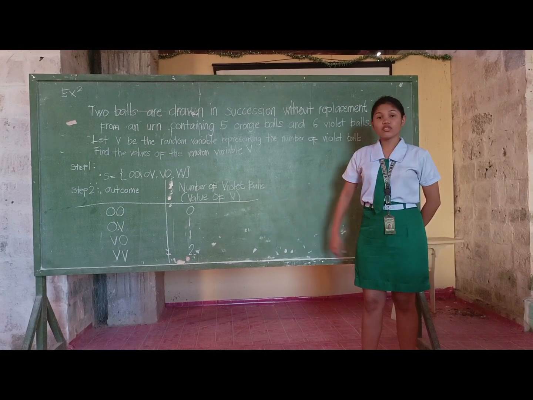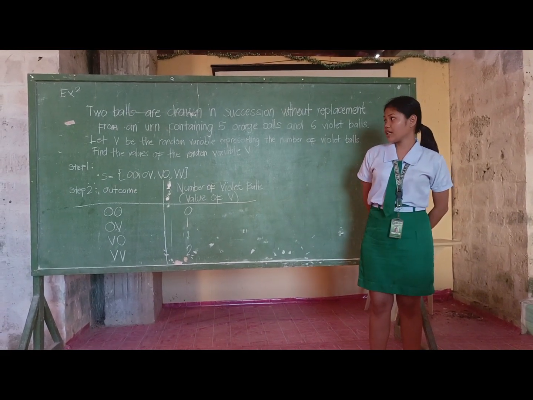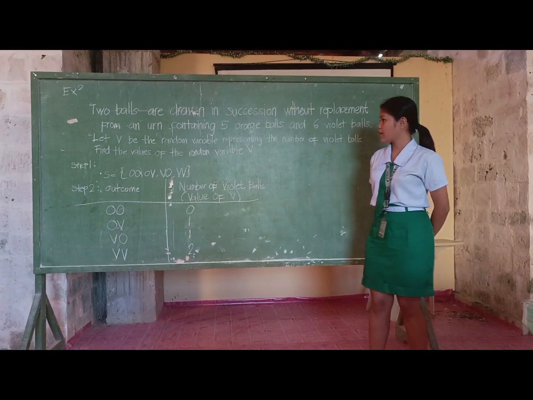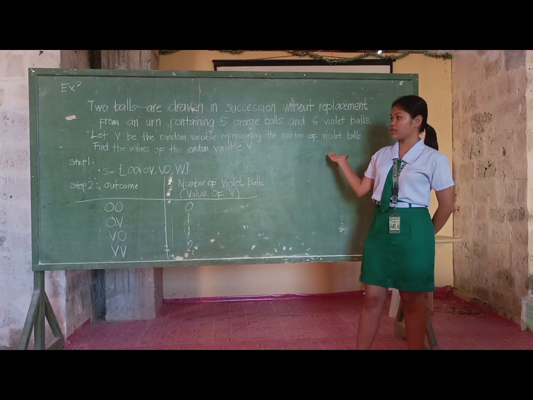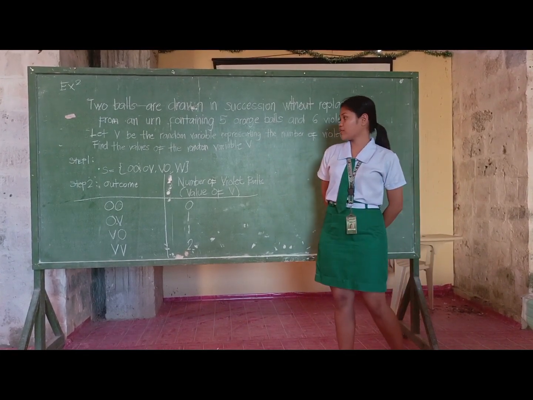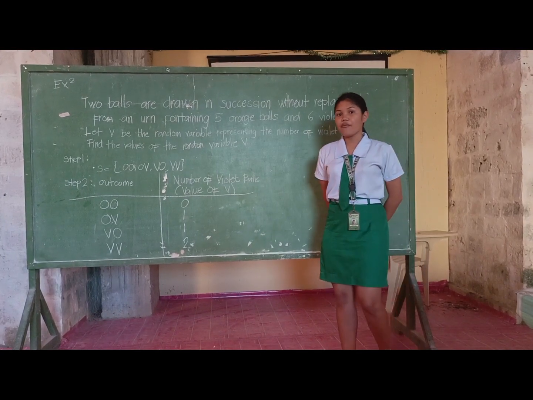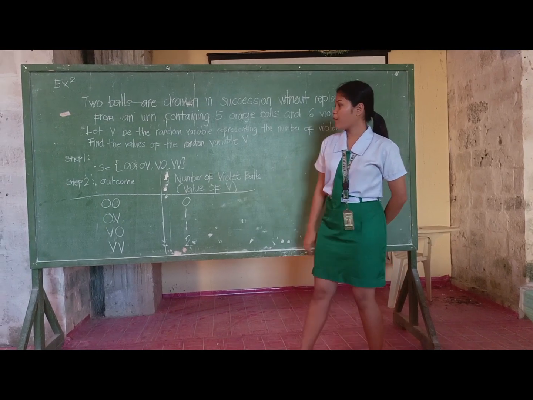Example 2. Two balls are drawn in succession without replacement from an urn containing 5 orange balls and 6 violet balls. Let B be the random variable representing the number of violet balls. Find the values of the random variable B. We have 5 steps. Step 1.